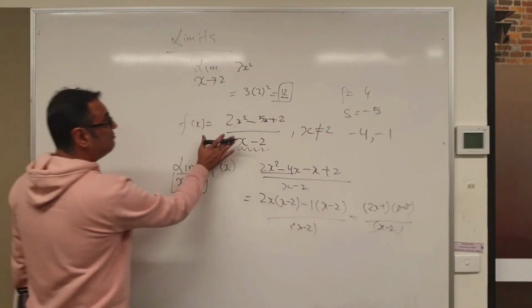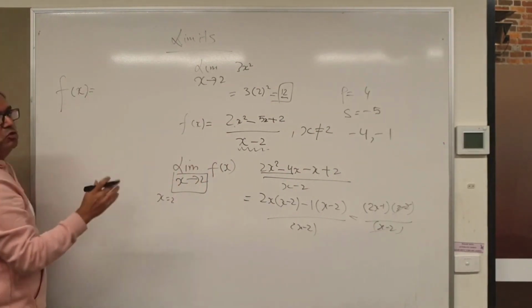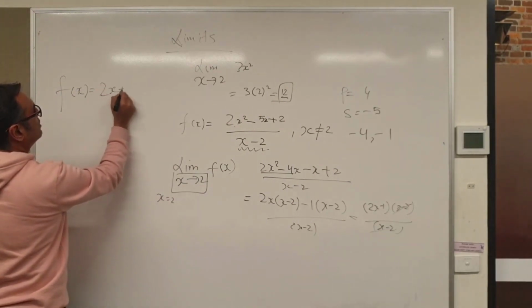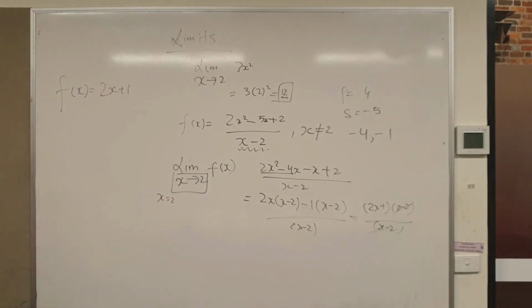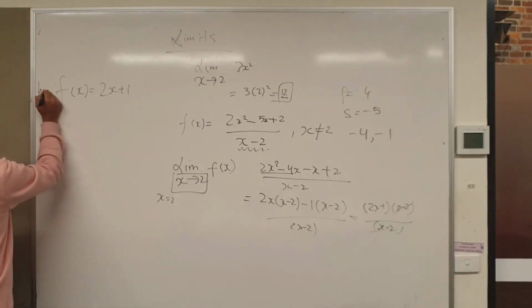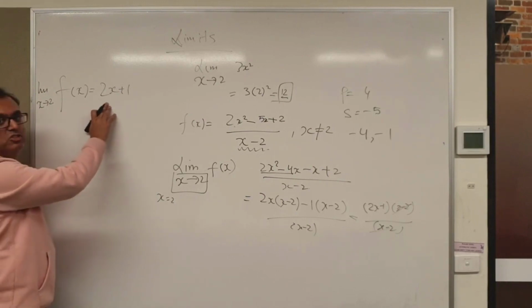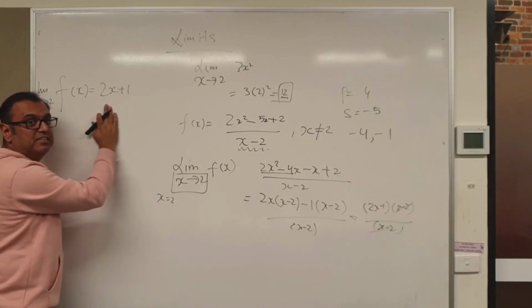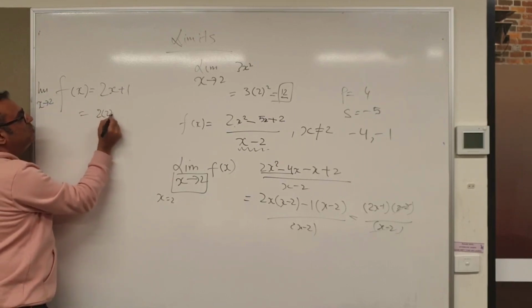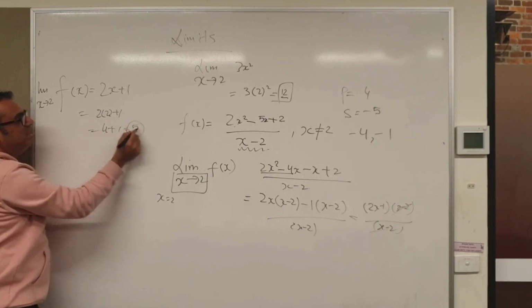So this function was very simple. It was just given to trick you. The actual function was just 2x minus 1. Now it's very easy. I can plug in the limit. There's no problem, I've freed the denominator from x's. Put 2 here, 2 times 2 minus 1, which is 4 minus 1 equals 3. That's the answer.